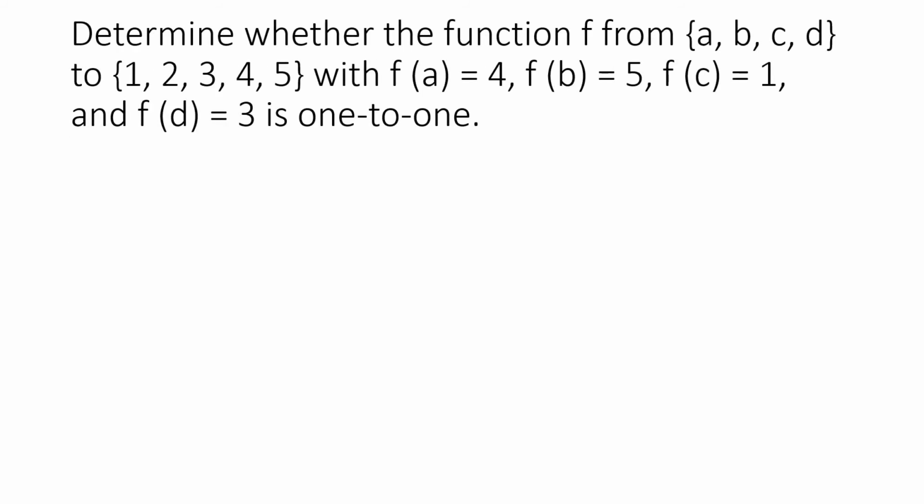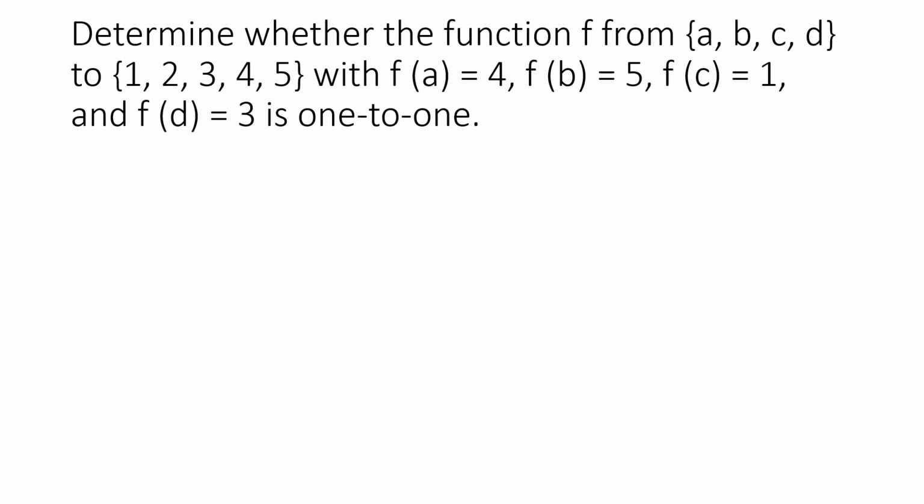let's have this one. Determine whether the function f from the set {a, b, c, d} to {1, 2, 3, 4, 5}, with f of a equals 4, f of b is equal to 5, f of c is equal to 1, and f of d is equal to 3, is one-to-one.